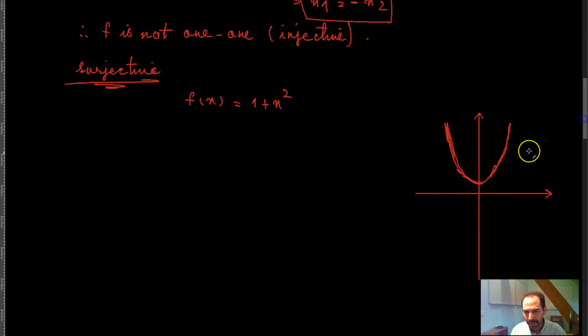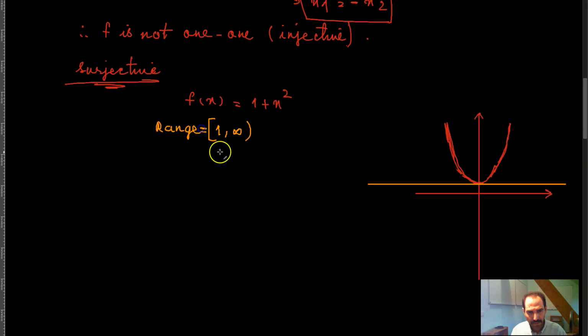You can see that the output of the function is all in this area of positive numbers greater than or equal to 1. So the range of this function is 1 all the way up to positive infinity, right? The range is this set.